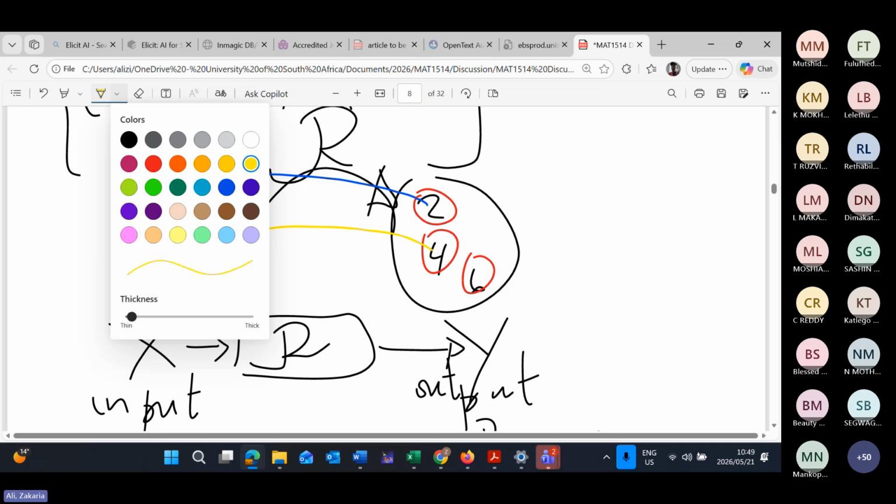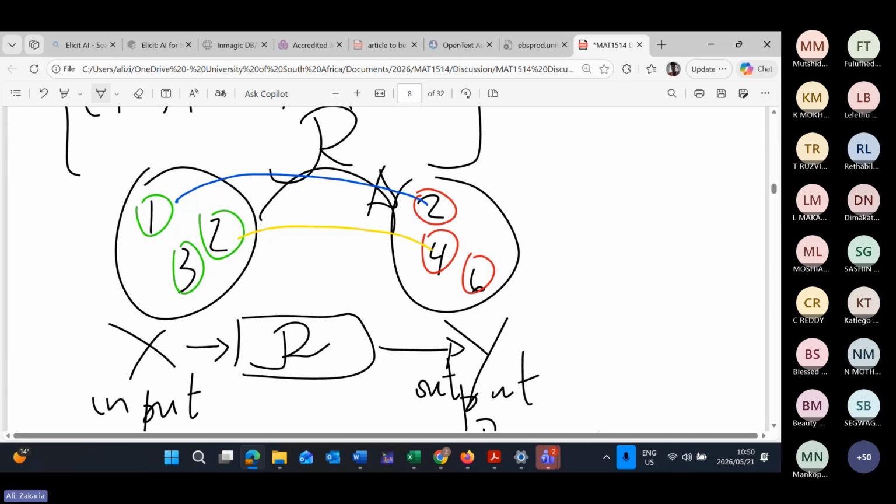And then in purple, or a greenish color, it's from 3 to 6. So you see I'm going in this direction, and then this direction. I went through this direction to relate 1 and 2, 2 and 4, and then 3 and 6. So basically, the first set in the Venn diagram is the domain, and the second one is what you call the range.